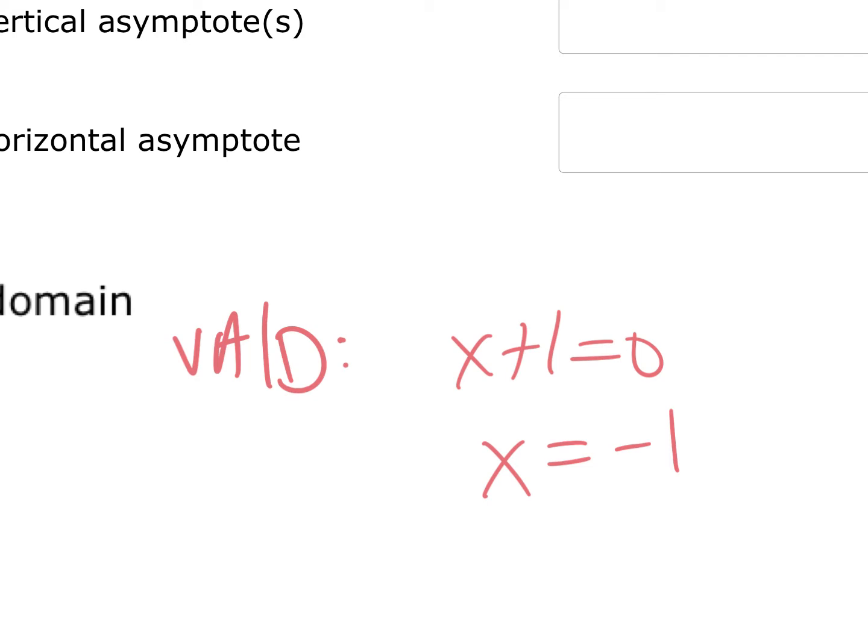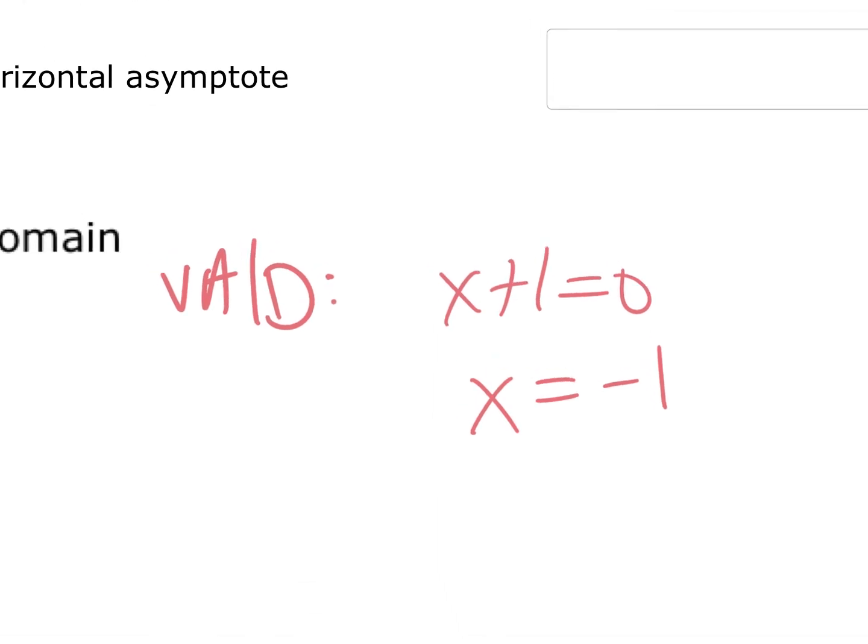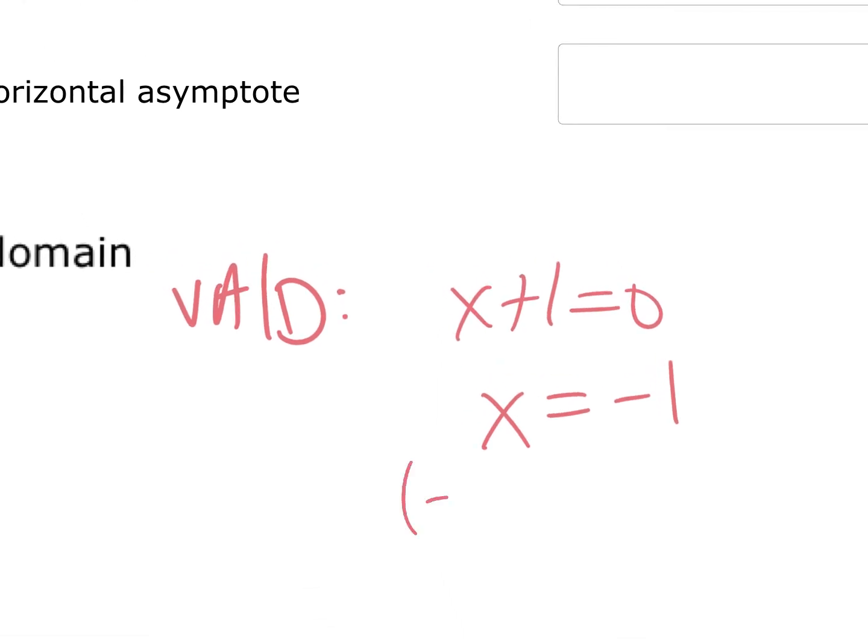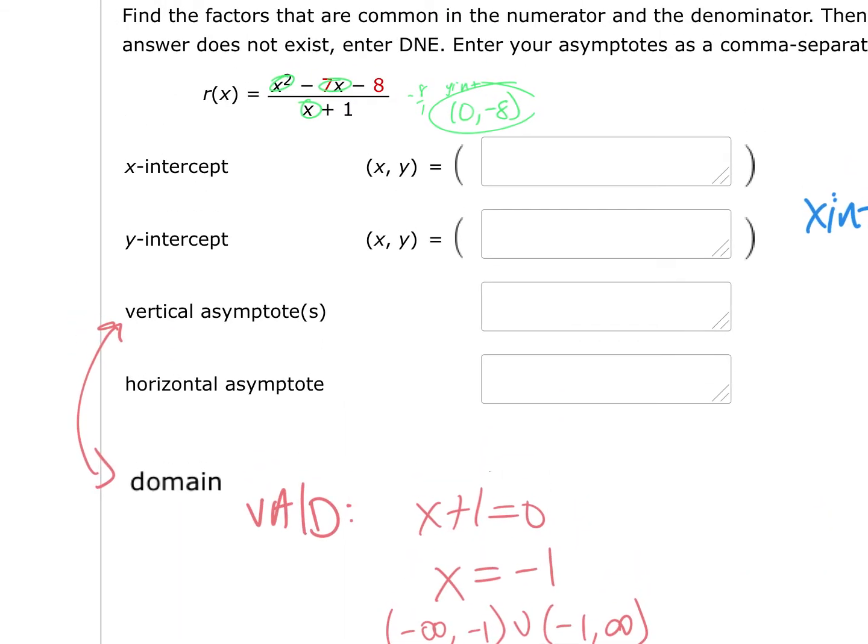So once you have your vertical asymptote, our vertical line that your graph gets really, really close to but doesn't touch, how do you find the domain? -infinity to -1. Yep. Perfect. Good job. And then our horizontal asymptote? The degrees.